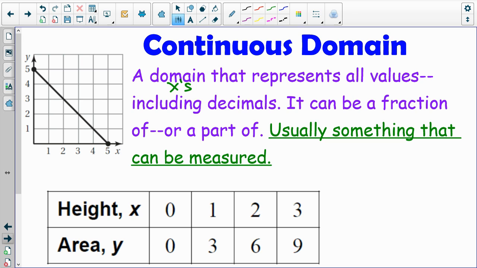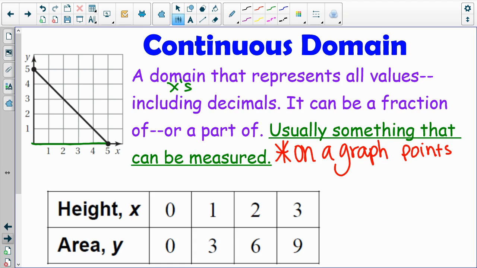So on a graph, it'll be connected because we're talking about all the x's from 0 to 5. 0, 0.1, 0.12, 0.13, everything from 0 to 5 on that one. So make a note by this, on a graph, the points are connected.